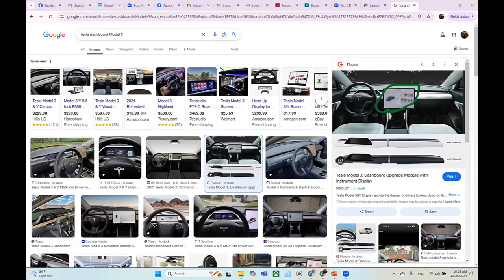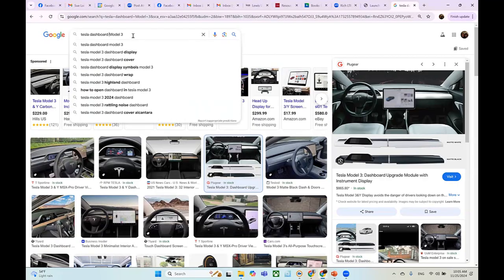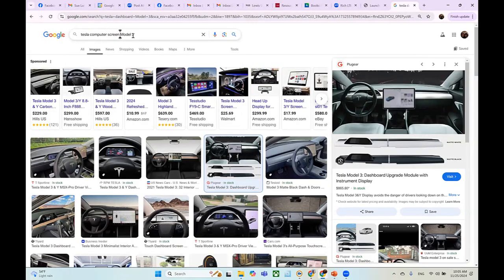It also has the map showing where your car is. Let me change the search. Say, Tesla computer screen Model 3.